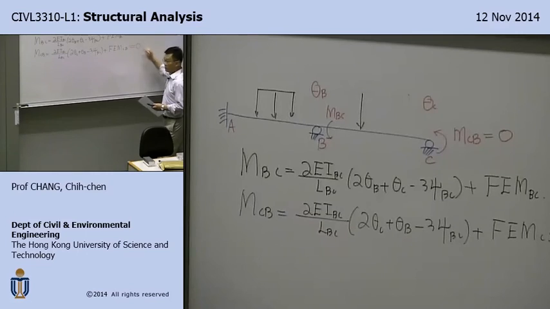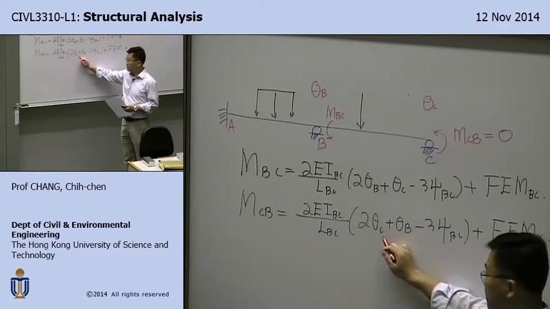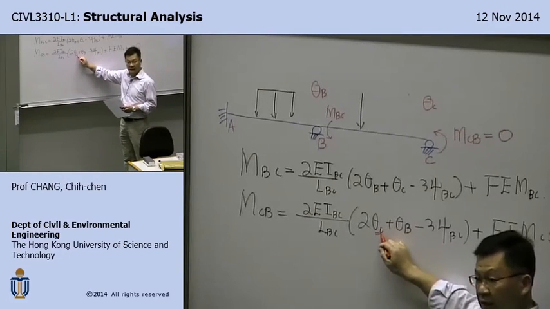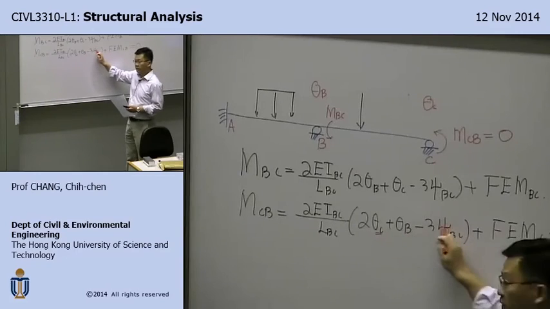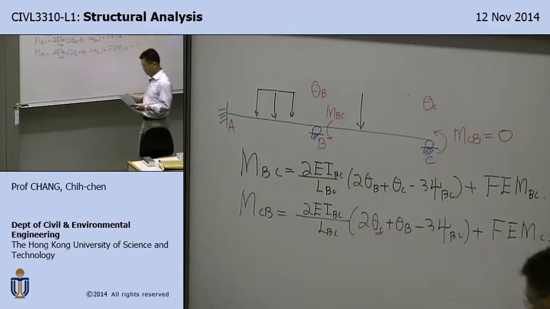So I force this to go to 0. So I can express theta C as a function of theta B and phi BC and the rest.